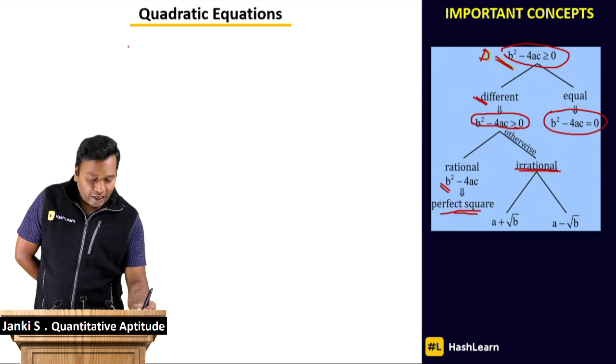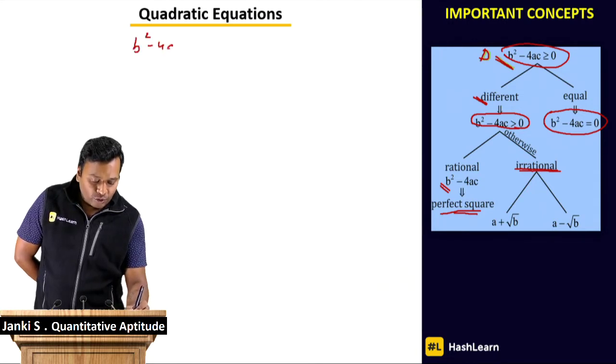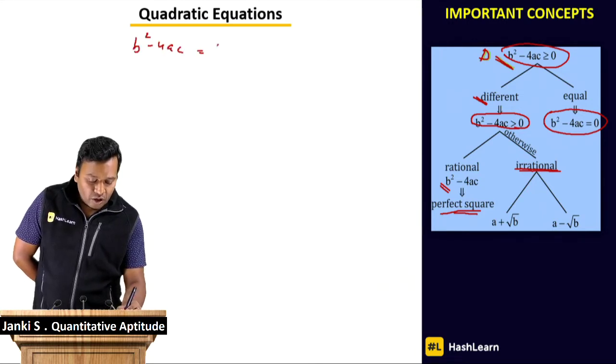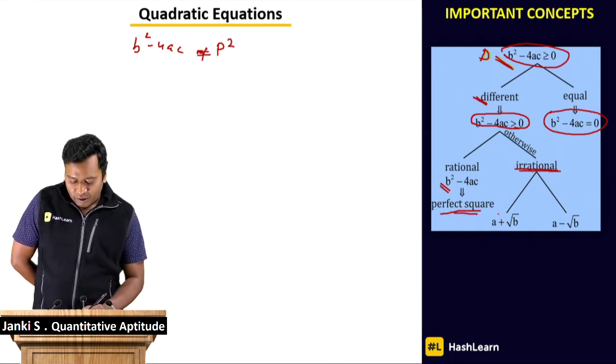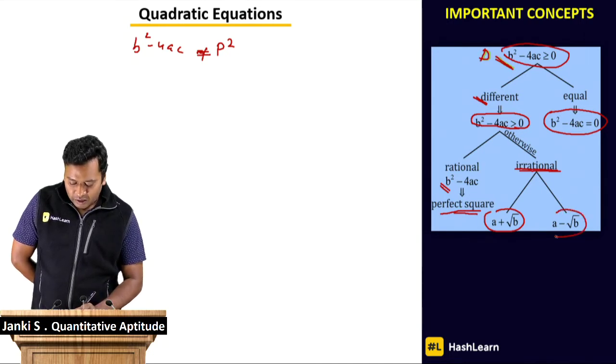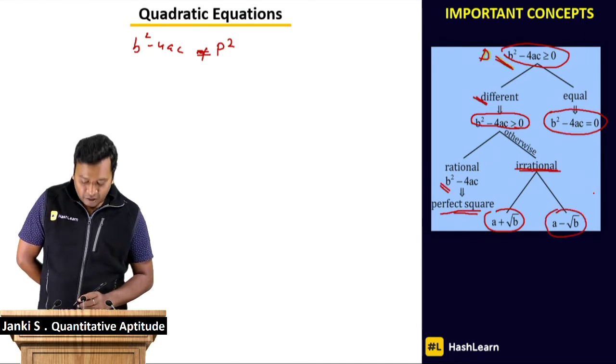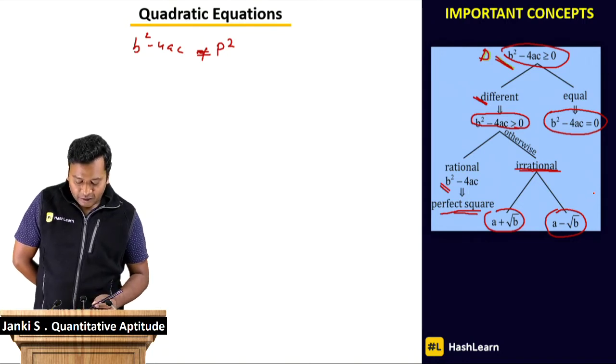That means when b square minus 4ac is not a perfect square, I'll always get irrational forms, which will always be in conjugate pairs, which is a plus root b as well as a minus root b will be the possible format, right?